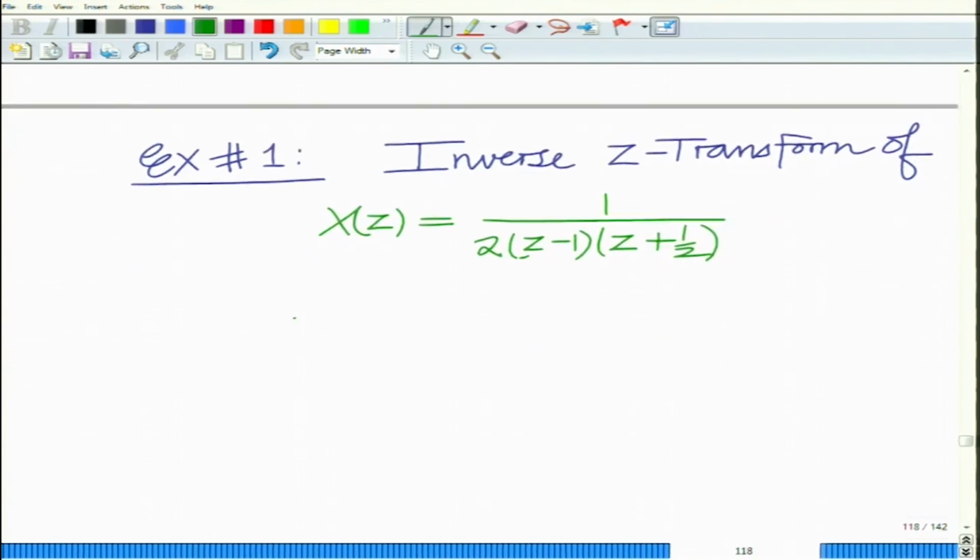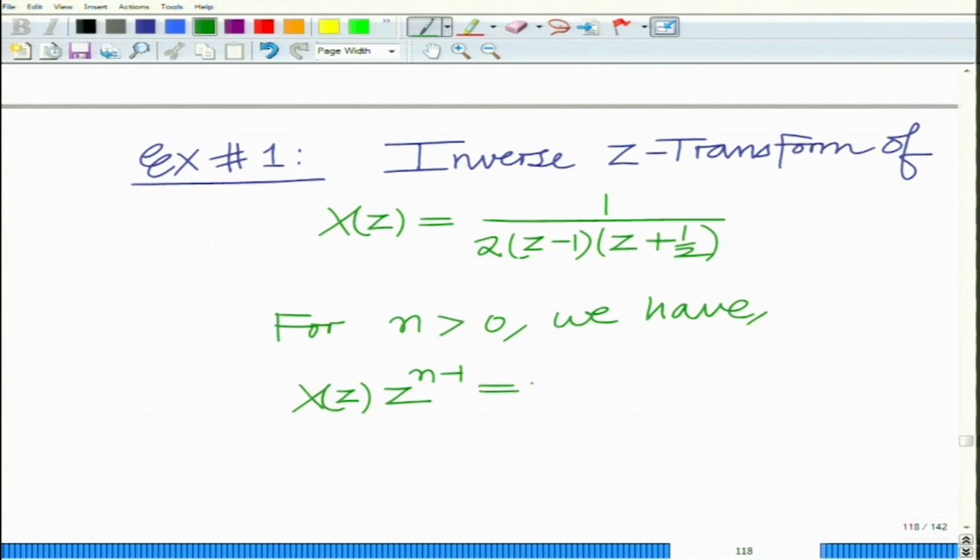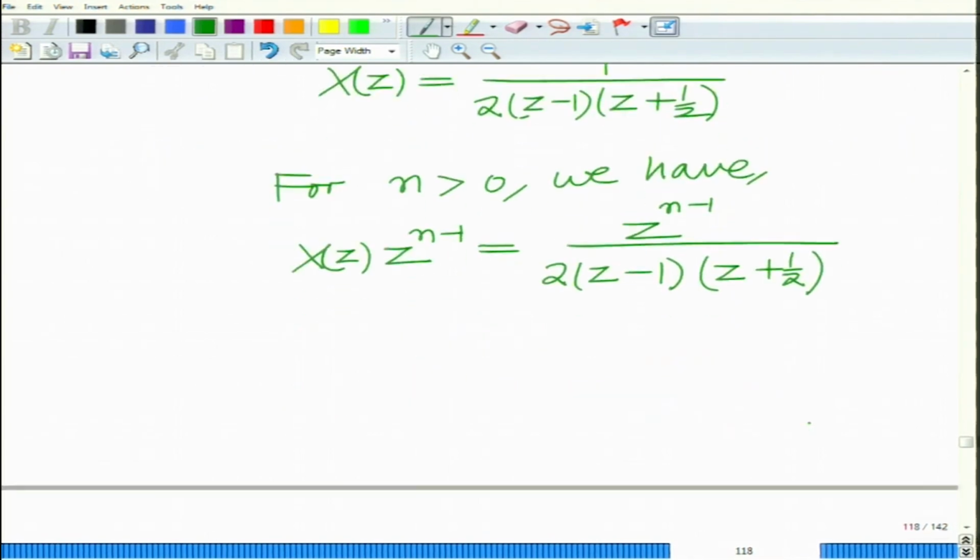Now, for n greater than 0, we have X(z) into z raised to n minus 1 equals z raised to n minus 1 divided by (2z minus 1) into (z plus half). Now, the poles are at z equal to 1, z equal to minus half.